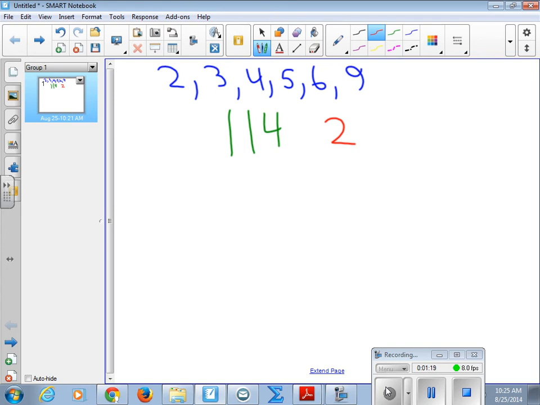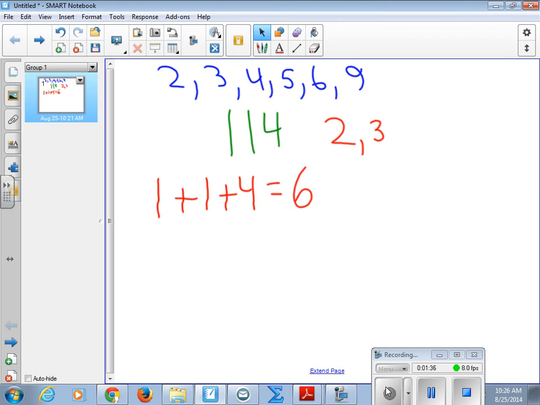Here's what it means. I take 114 and I add the 1 and the 1 and the 4 together. 1 plus 1 is 2, 2 plus 4 is 6. 6 can divide by 3. Therefore, the whole number can divide by 3.